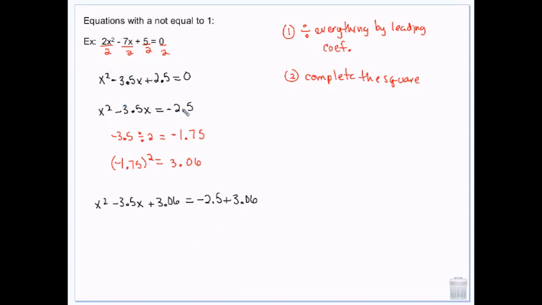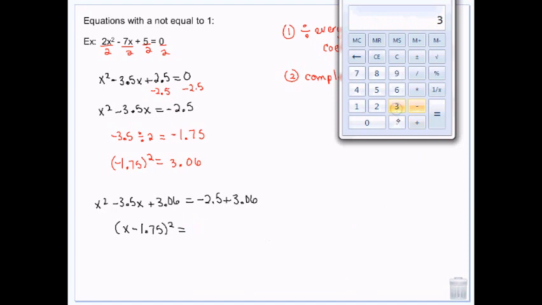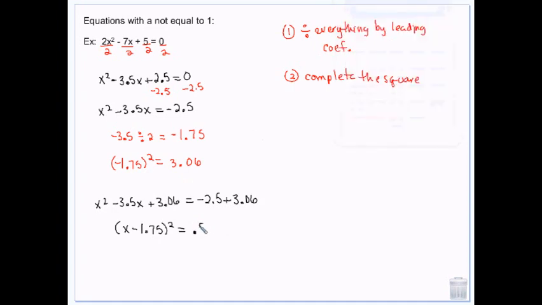I subtracted, yeah. Sorry. Okay, so this will factor to x minus 1.75 squared, and then 3.06 minus 2.5 is 0.56.